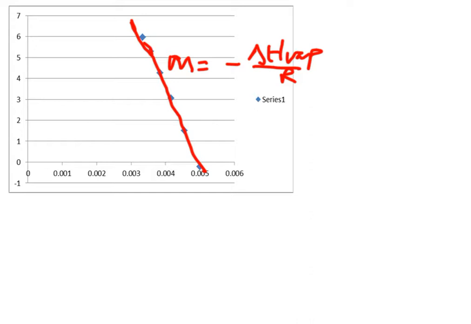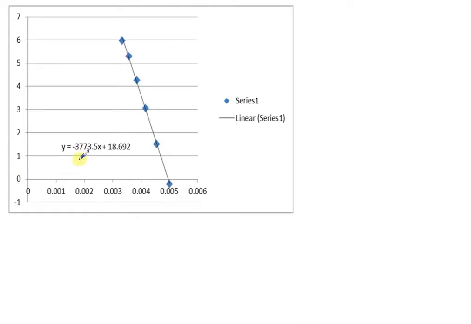What I did is use an Excel spreadsheet. I can get a line that goes through those points, and the spreadsheet gives me this slope, which is negative 3733.5.